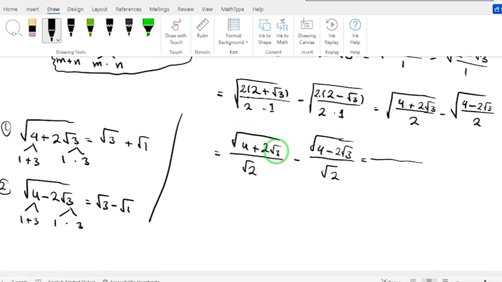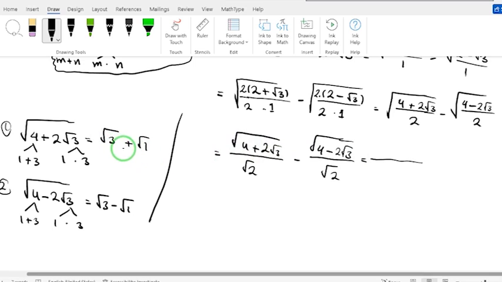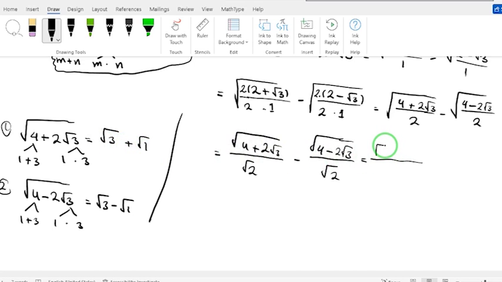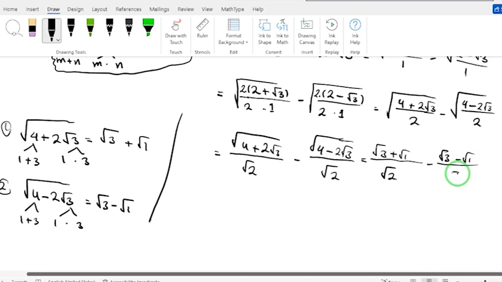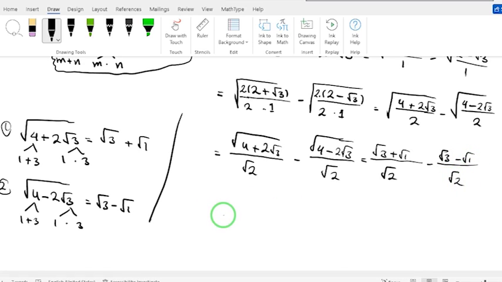Then instead of this one we substitute its value, square root of 3 plus square root of 1 over square root of 2, minus, instead of this part we substitute its value, square root of 3 minus square root of 1 over square root of 2.